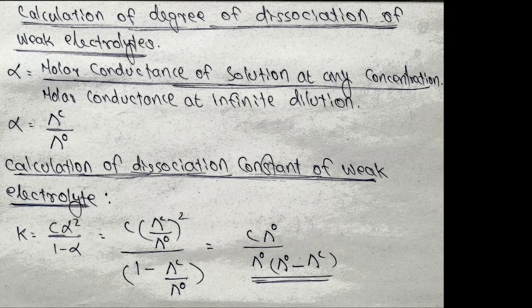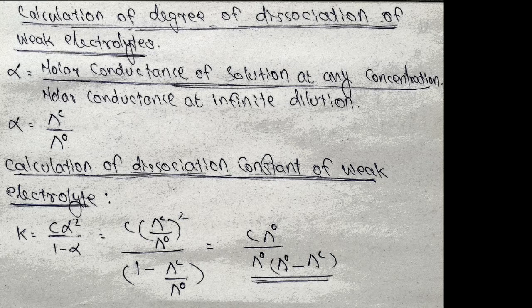Next we have to discuss calculation of dissociation constant of weak electrolyte. Dissociation constant K equals C alpha squared divided by 1 minus alpha. This is the equation to calculate the dissociation constant of a weak electrolyte.